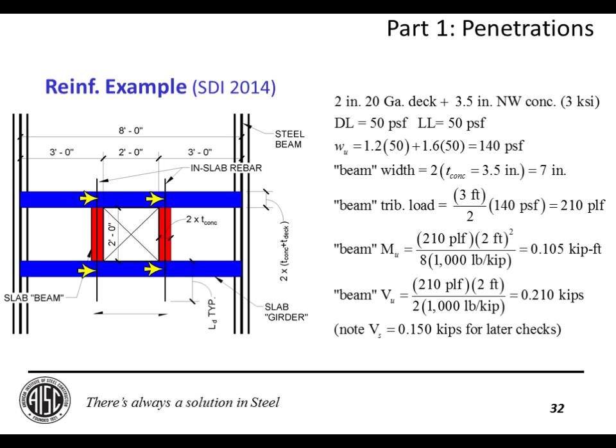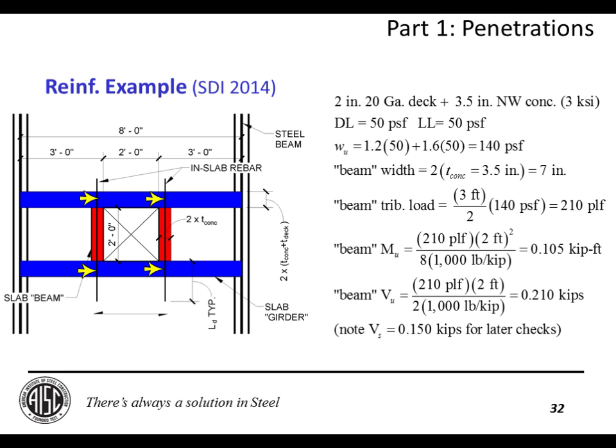And that girder is a little bit wider. They say to use 2 times the thickness of the overall slab depth, so the concrete plus the deck thickness, for that slab girder width. So let's take a look at an example and see how that works.